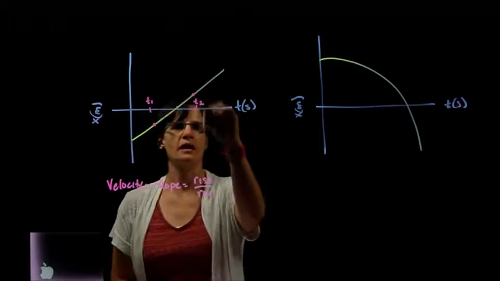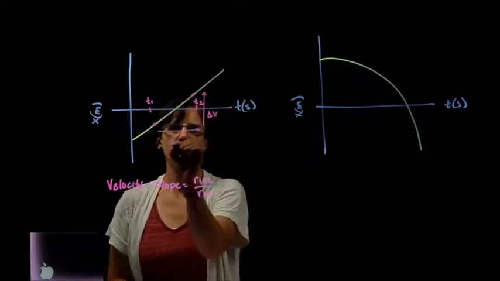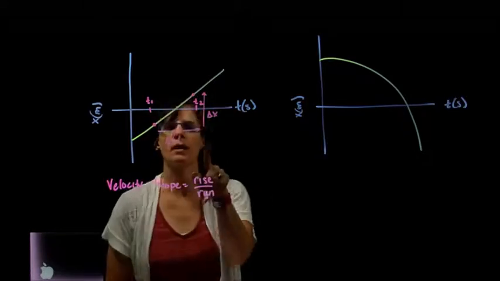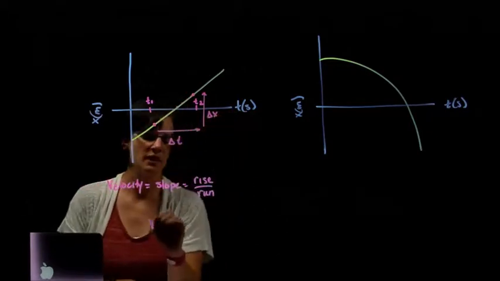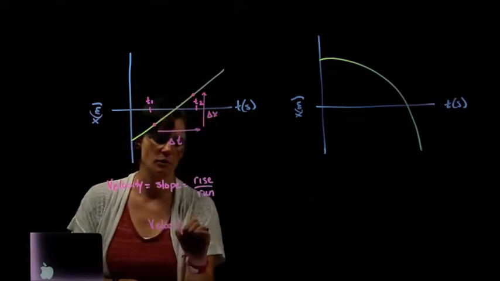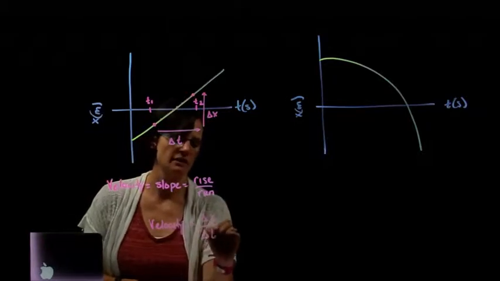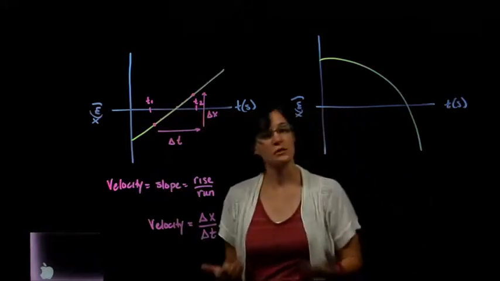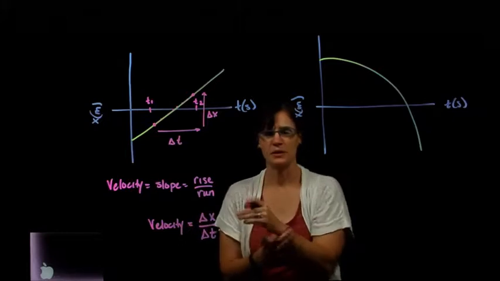My rise would be delta x and my run would be delta t: my change in position over the change in time. So my velocity in this case of constant motion is equal to delta x over delta t, the slope. And that's what we talked about before, and it's pretty straightforward.